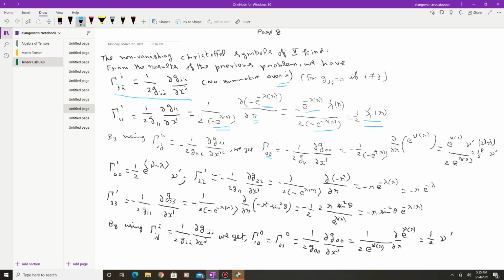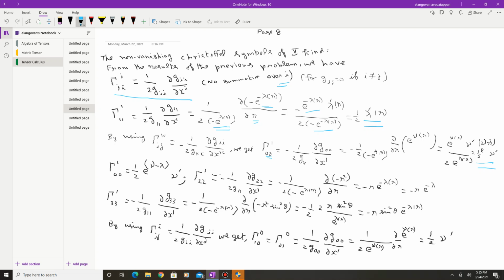From the result, this is minus half g11 partial derivative of g00 by dx1. Here you know the value of g11, and g00 is e power mu of r. x1 is r, so you can differentiate this. So this is your result.